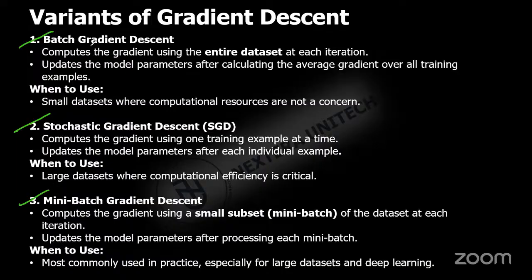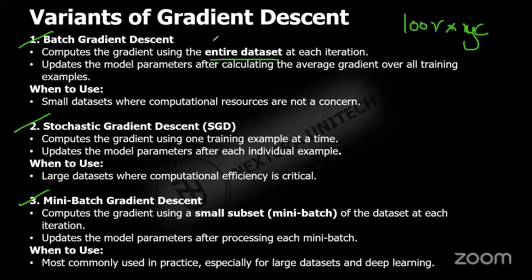When we say batch gradient descent, it means the entire data set will be used for every iteration. Assume I take an example: there are 100 rows and some X columns or Y columns, but my focus is on the number of rows.